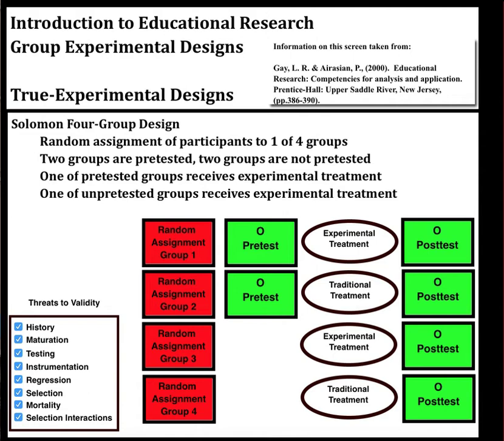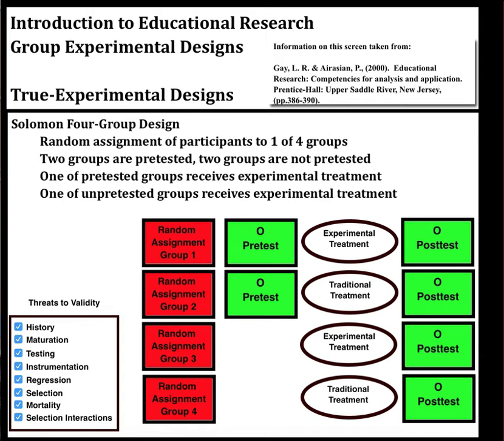One of the pre-tested groups receives the experimental treatment. One of the unpretested groups receives the experimental treatment. All 4 groups are post-tested on the dependent variable. And you can take a look at the graphic on your screen.